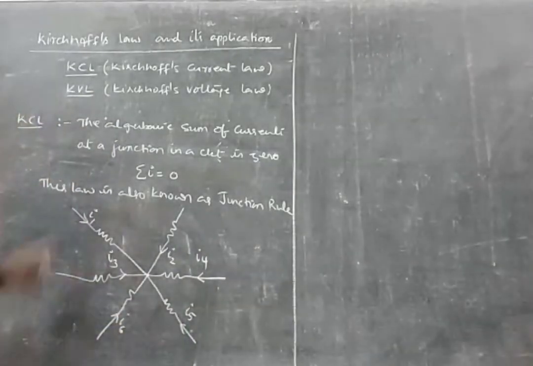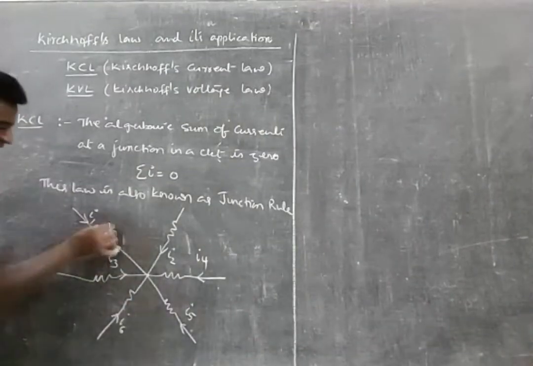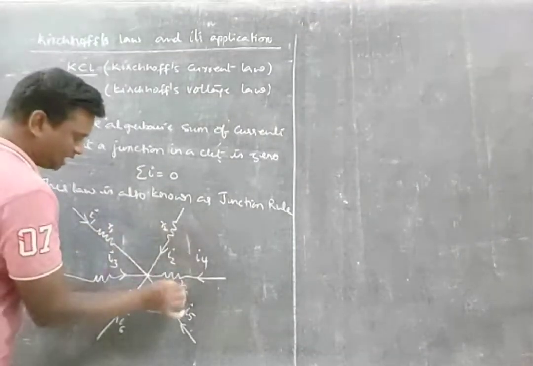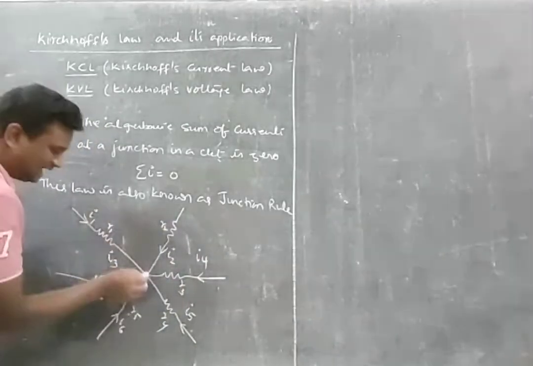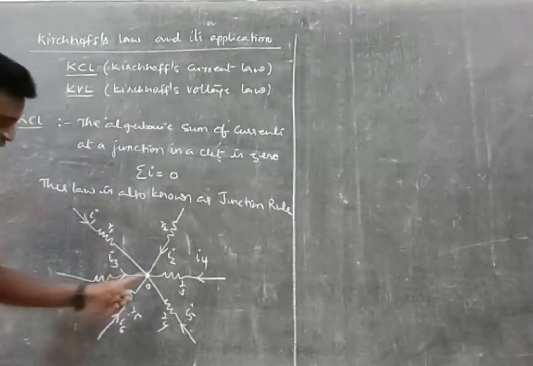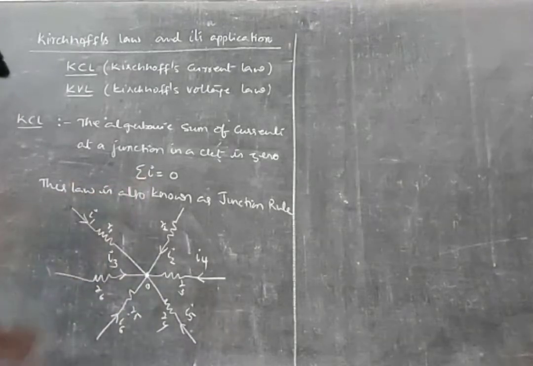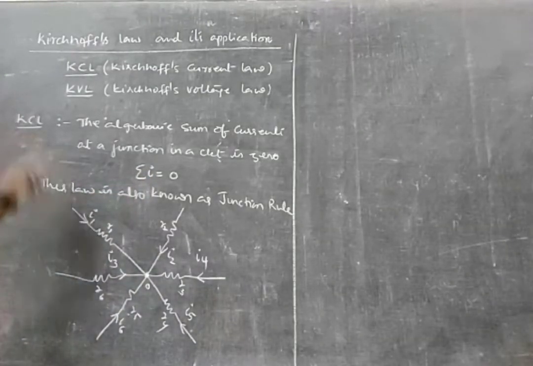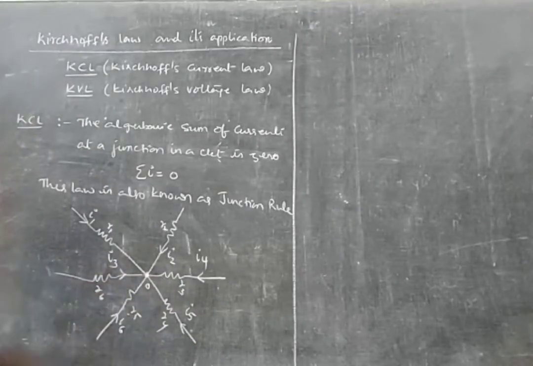Look at the figure. All the currents from different resistors R1, R2, R3, R4, R5 are meeting at a point O. Now, if someone asks you what is the net current at O, the answer is 0. Why? Because according to KCL, the algebraic sum of all the currents at a junction is 0.